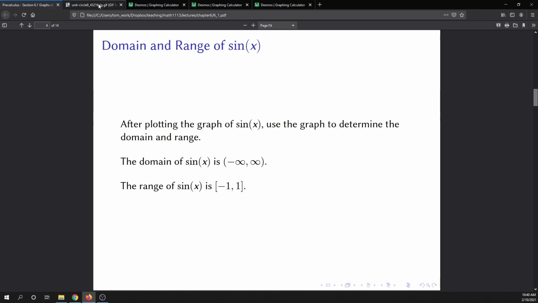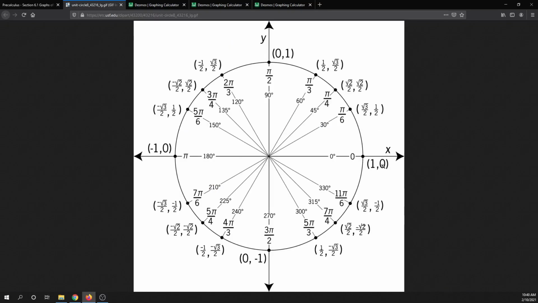And that makes a lot of sense when you think about it, because the sine function comes from the second coordinate of these points on the unit circle. So what's the biggest possible one? The biggest possible y value of any point on the unit circle is 1 up here, okay? So 1 is the top point on the unit circle.